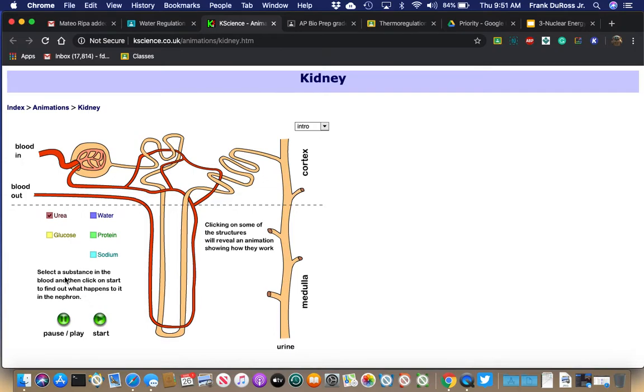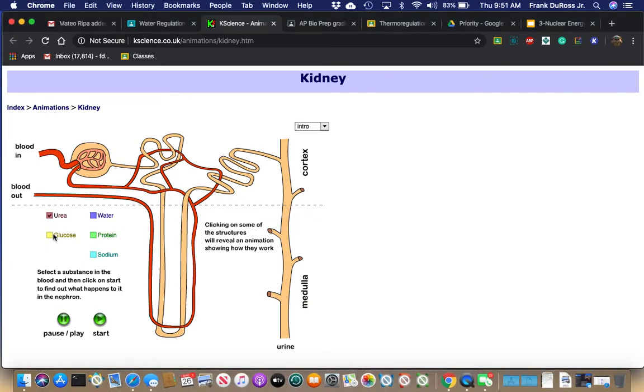What you can see here for the urea is that as the blood gets forced into this renal capsule, some of the plasma along with dissolved substances gets forced out into these tubes of the nephron and travels through those tubes. The blood cells remain in the blood, and as these materials move into the filtrate and travel through the tubes of the nephron, some of them can be reabsorbed back into the blood again. So they come out of the blood here but might be reabsorbed.